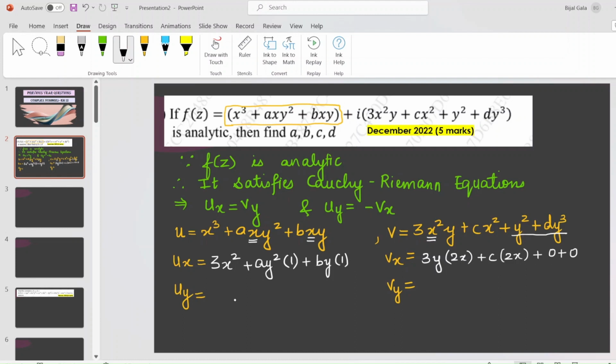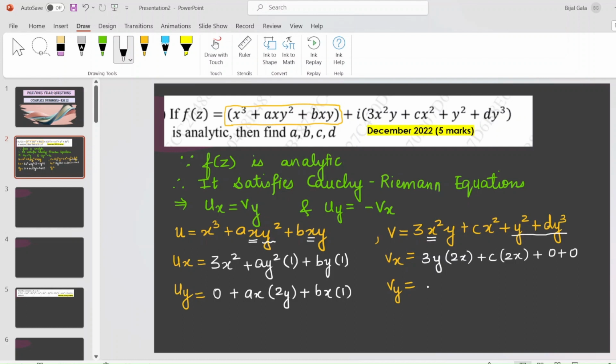Okay. Let's start with uy now. When I'm talking about uy, y will be the variable, and everything else will be constant. Okay. So x cubed, which is alone, is a constant, not a variable, so its derivative is 0. In the second term, y squared is multiplied, so ax will be a constant, multiplied by the derivative of y squared, which is 2y. For bx, bx is a constant and the derivative of y is 1.